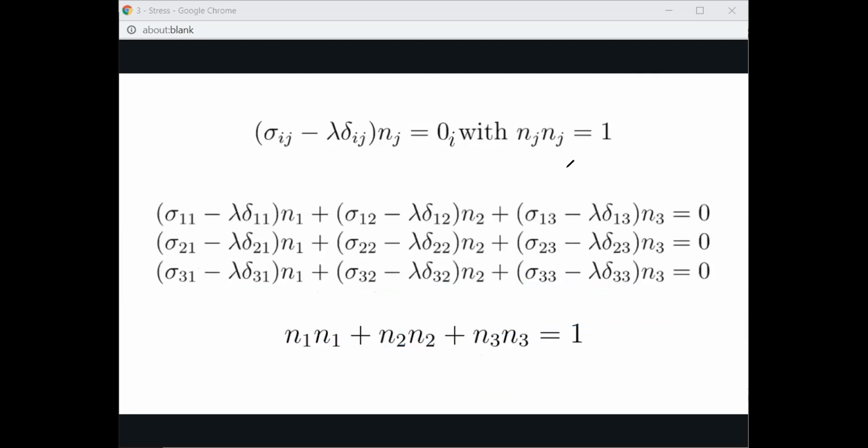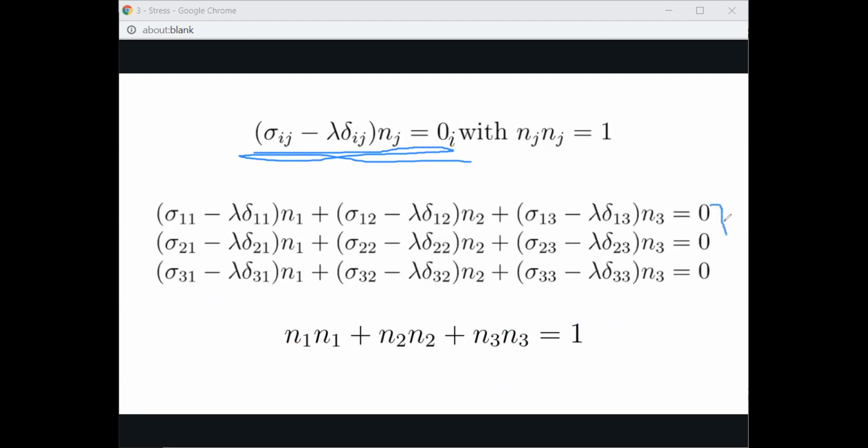Now, let's solve for the principal stress direction. We now have the principal stresses lambda, right? Which are 25, 50, and 75. Now we want to get the directions of each of those principal stresses. So we expand this equation, okay? Again, we note the free and dummy indices in the indicial notation. I is a free index, which means that we have 3 equations.